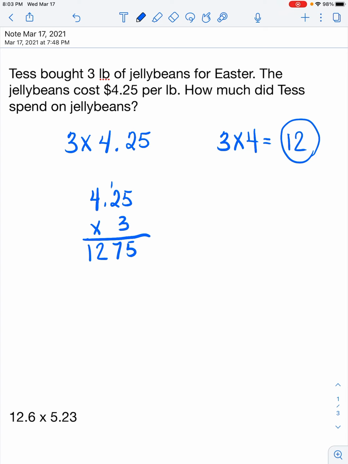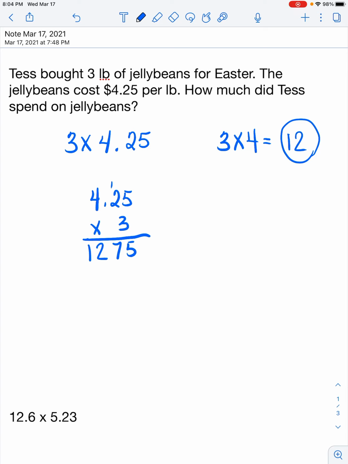where can I place the decimal point so that it is the only place that makes my answer agree with my estimate? Because that's the only way, given a problem like this, that I can make sense of it. And math has to make sense.